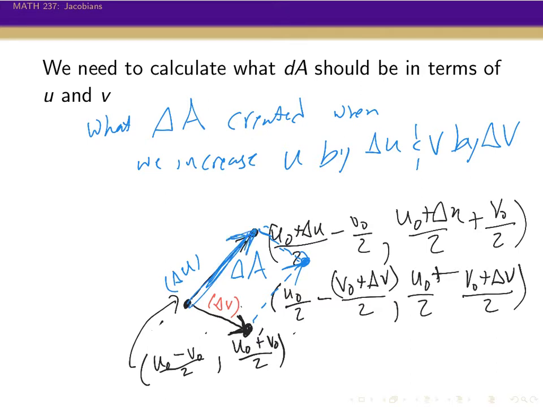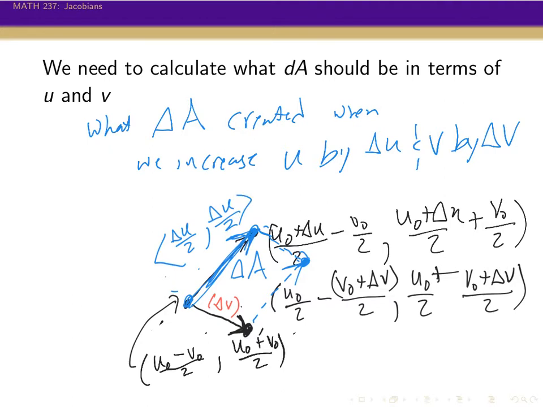The vector going from this point to that point is precisely, subtracting one from the other, delta u over 2, comma, delta u over 2.